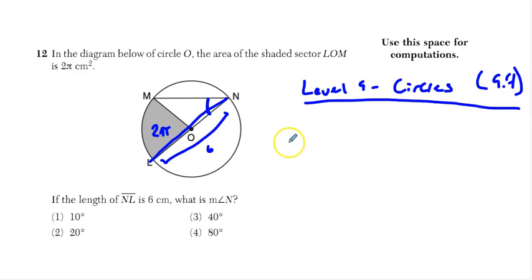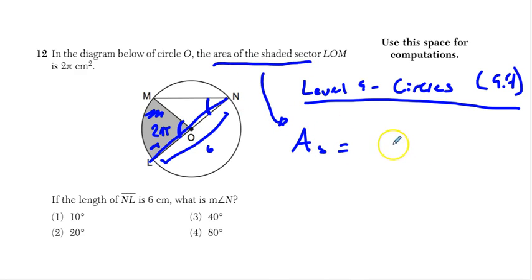Now, what we're going to do here is find the area of this shaded sector first. We're going to use that formula to find this angle. All right, I'll show you how. So if this question says the area of a shaded sector, the first thing I'm going to do is write down the area of a shaded sector formula, which is pi r squared, remember that's the area formula, times theta over 360. Now, I know 2 things.